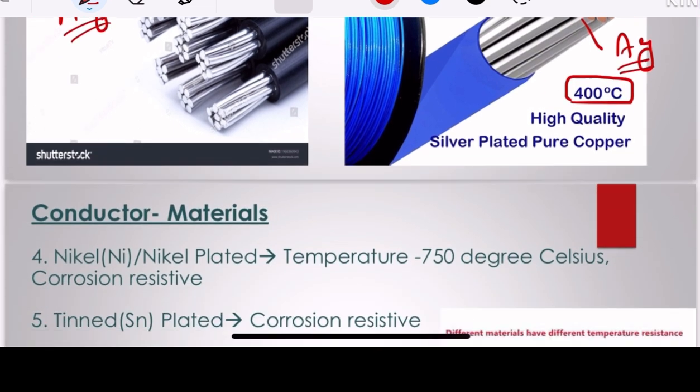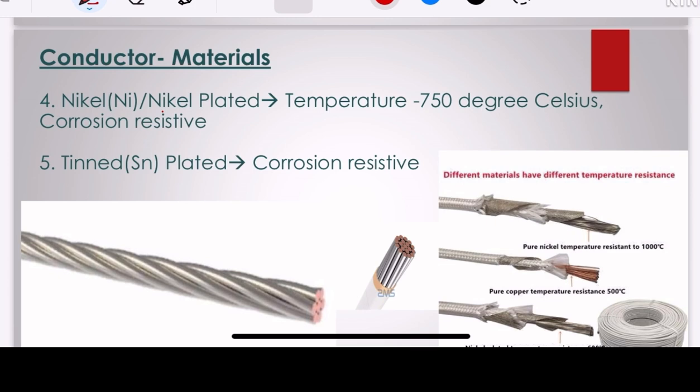The other material used in conductor for the cable is nickel or nickel plated and tin plated. Nickel cables are very rare, but the nickel plated cables are very common. When we do the coating on the copper cable with the nickel, then that cable is called nickel plated copper cable.